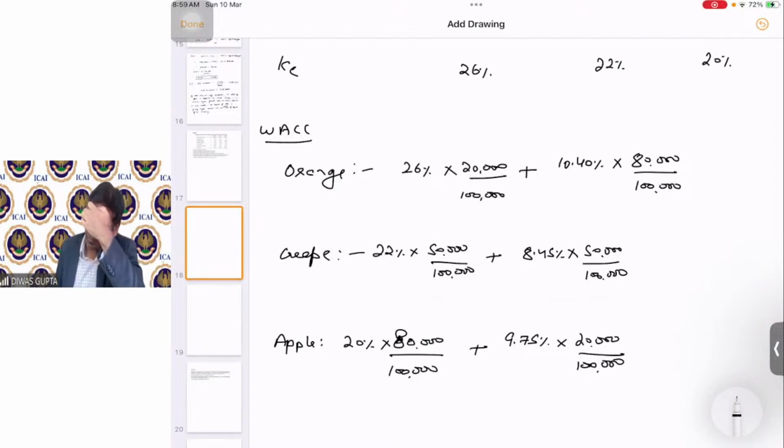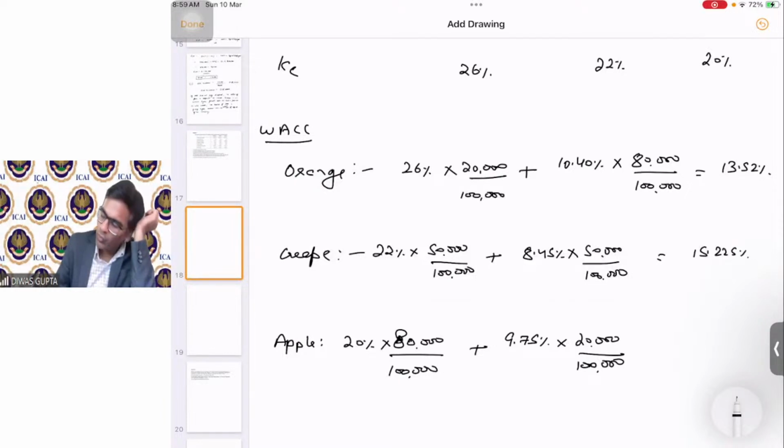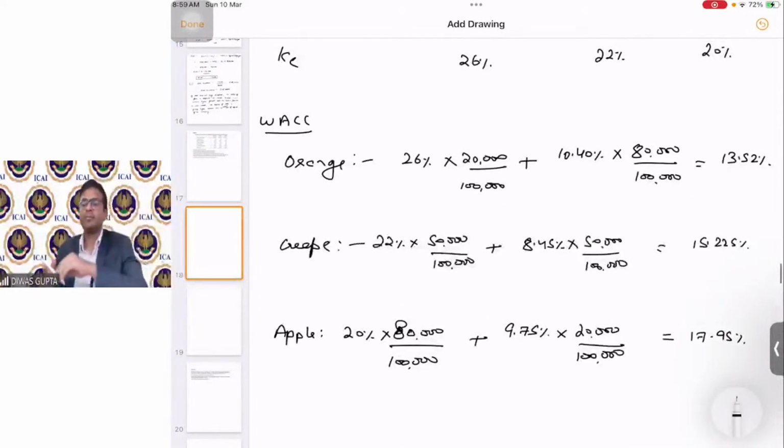Just with the ratios, we have multiplied the respective weights. 13.52%, this becomes 15.225% and this becomes 17.95%, students. So this becomes WACC.